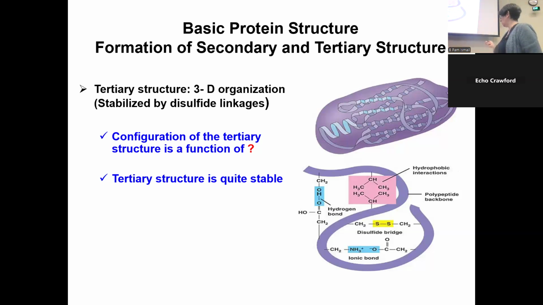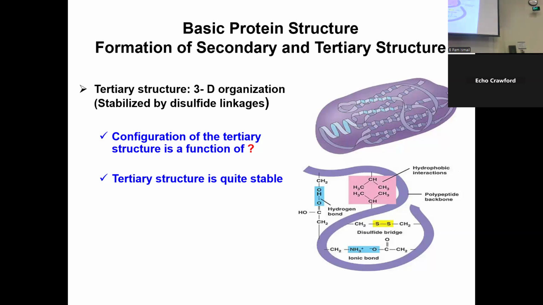Hydrophobic interactions, disulfide linkages, ionic bonds, and also van der Waals, which are not depicted here, but were in previous slides. So once your free energy is contained in bonds, then you get your stable tertiary structure. But some proteins are very hydrophobic on the surface.